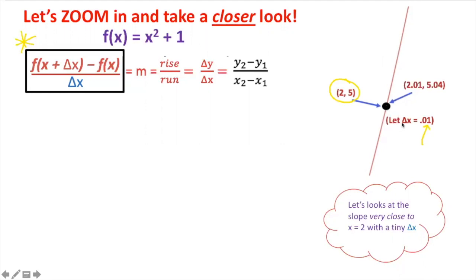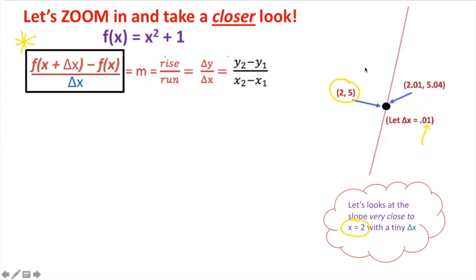We've got our point 2 comma 5, where we're trying to find the speed of the object at x equals 2. If we add 0.01 as our delta x, that bumps the next x coordinate to 2.01, and if you evaluate that, you get 5.04 for the y value.